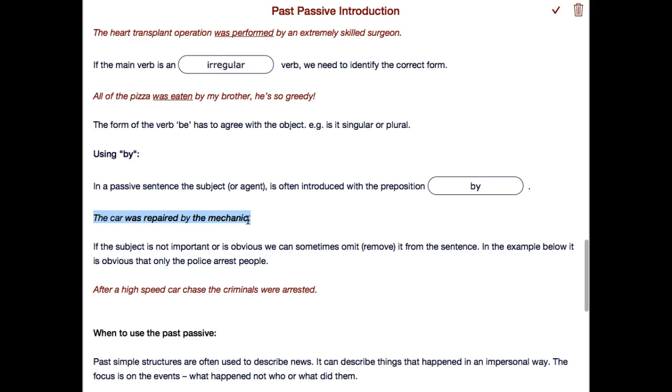The car is the focus, right? Not the mechanic. So even though he does the action, we want to keep the focus on the car. And that's the central idea behind the passive voice.